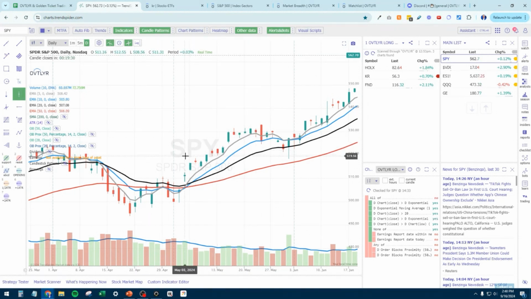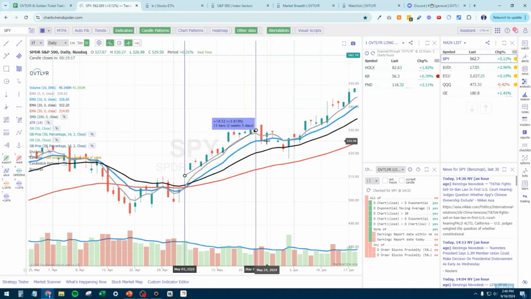So if I add this on my other drawings, let me remove this one. Actually, I can just use this one here. Didn't even touch the 5 period from this point to this point. So the SPY went up nearly $20, almost 4% in the span of 13 days.